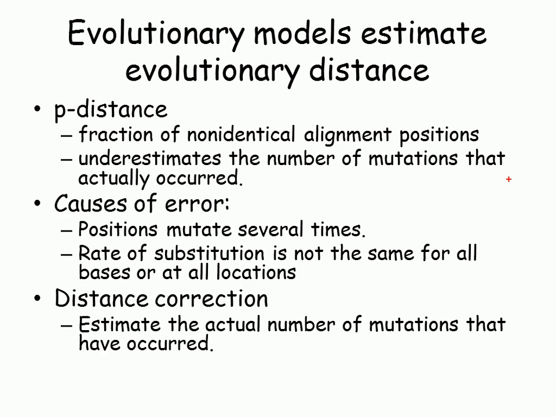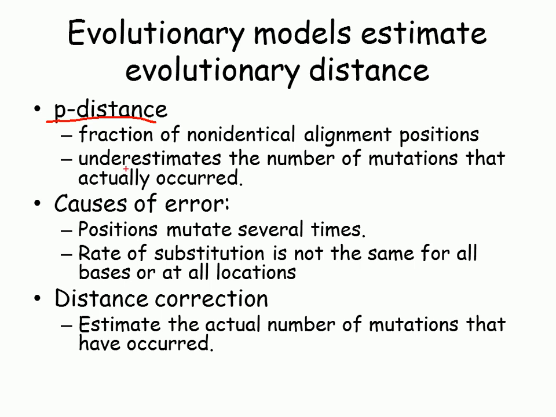So when we look at the evolutionary distance between species or between genes, there are some quantifications that we need to do. The most common quantification is the p distance, which tells you the fraction of non-identical residues. Okay, so sequence identity refers to the fraction of identical residues in an alignment, whereas p distance is the fraction of non-identical residues.